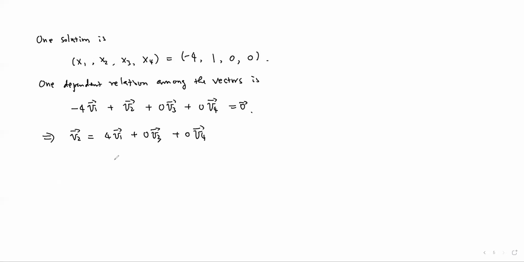When a set is linearly dependent, at least one vector in the set depends on the other vectors. Say V2 depends on the other vectors, and also V1 depends on the other vectors. If you keep V1 on the left side and move all the other vectors to the right side, you will see V1 depends on the other vectors. This is example 1.